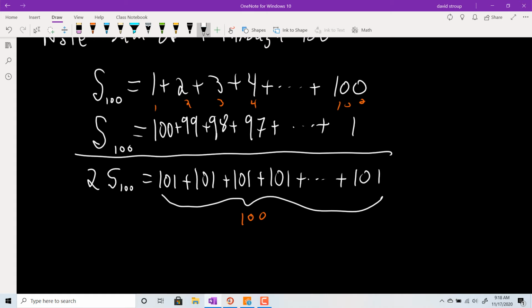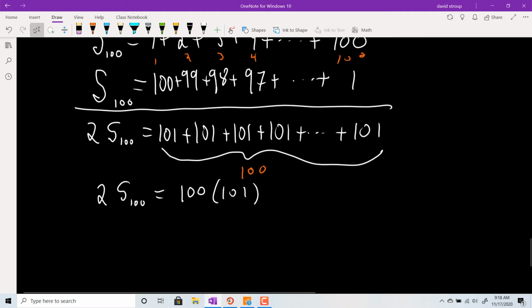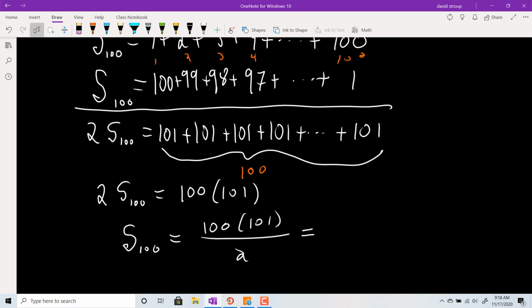So one way of writing 100 101s is 100 times 101. So this equals 100 times 101. Okay. Then I just divide both sides by 2, and I get 100 times 101 all over 2. And so what is this thing?